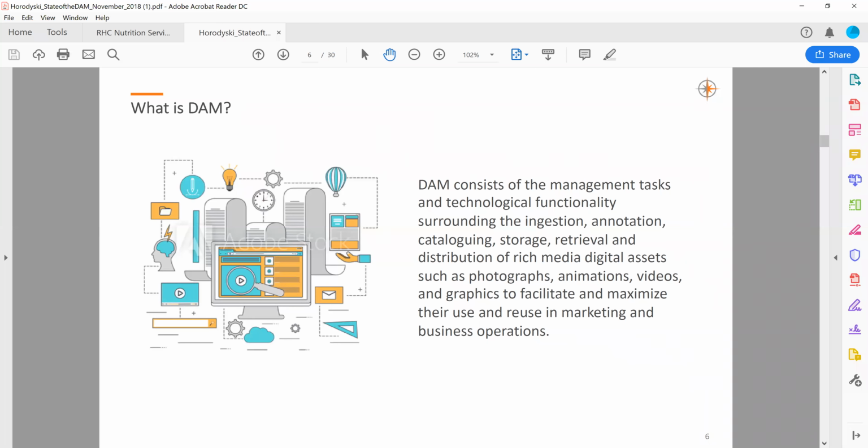Those things such as photographs, graphics, animations, videos, all those things that we need in business operations and our marketing operations. Now, DAM is often referred to as the system, that is the technical system that you purchase the hardware and software to run it, but it is actually more than just the technical system. It's actually about the people, the process, and the technology, and hopefully from this presentation tonight, you're able to understand a little bit more about that.